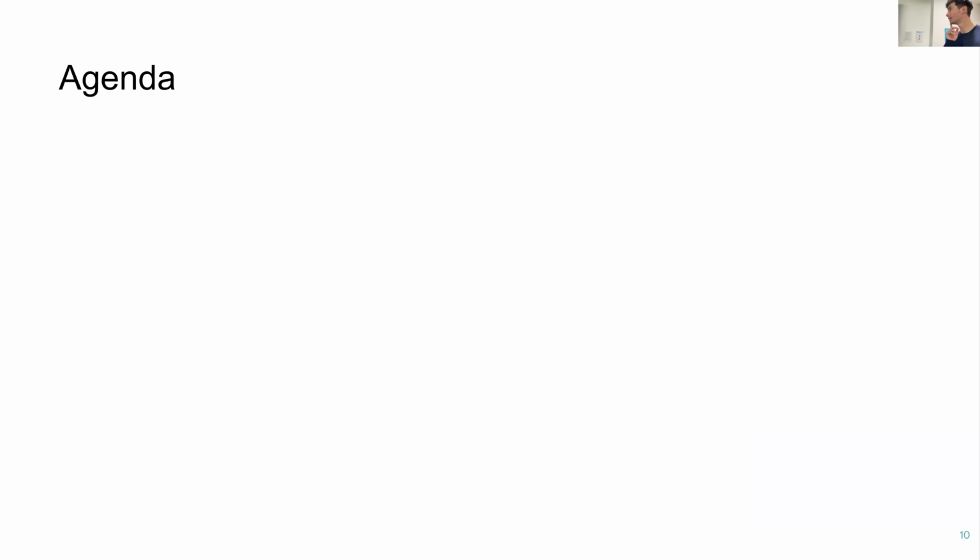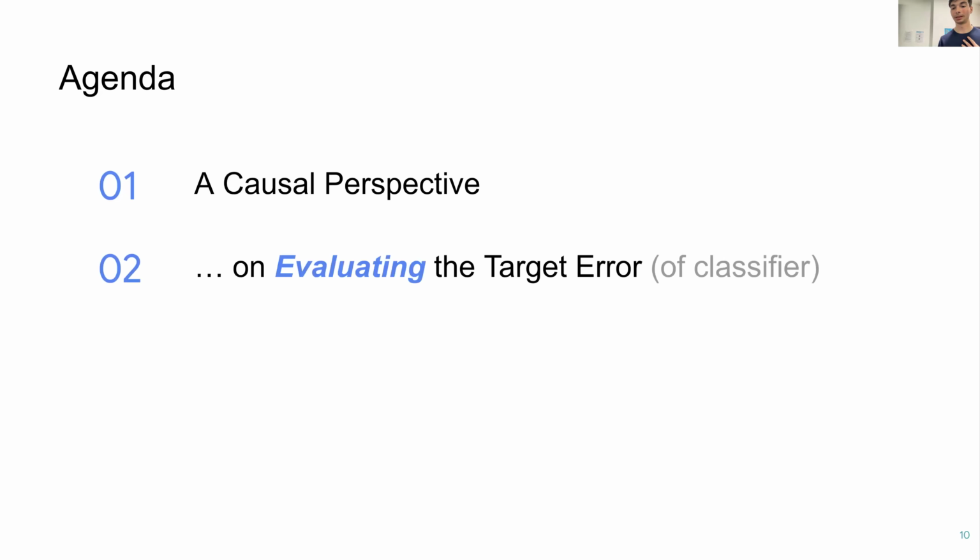Okay, so this was a little bit of an introduction. So I now want to get to the core of the talk, and really I'm going to talk about three different things. So first, I want to argue for this causal perspective to think about transfer learning in the machine learning context, and specifically a causal perspective on first evaluating the target error of a given classifier, right?